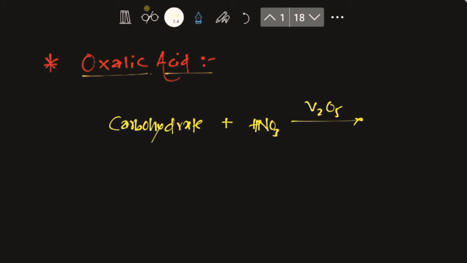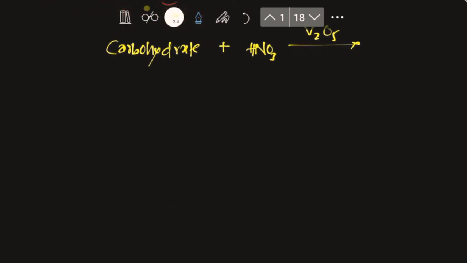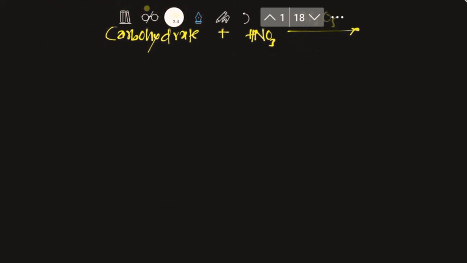There are many methods from which one can prepare this dicarboxylic acid. Here we will see some methods of preparation. First of all, it is prepared from ethylene glycol, CH2OH and CH2OH.